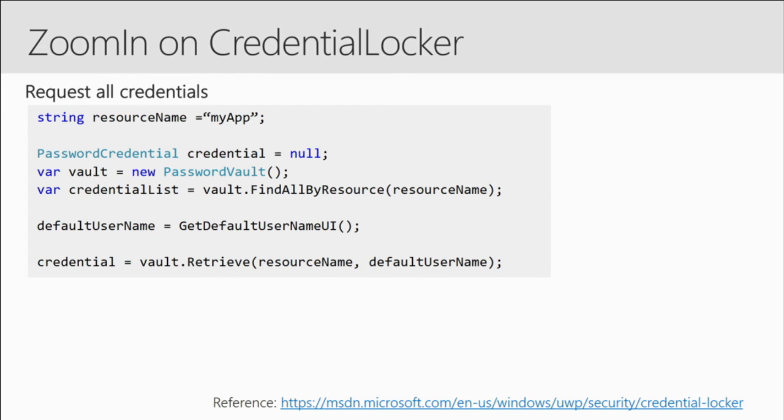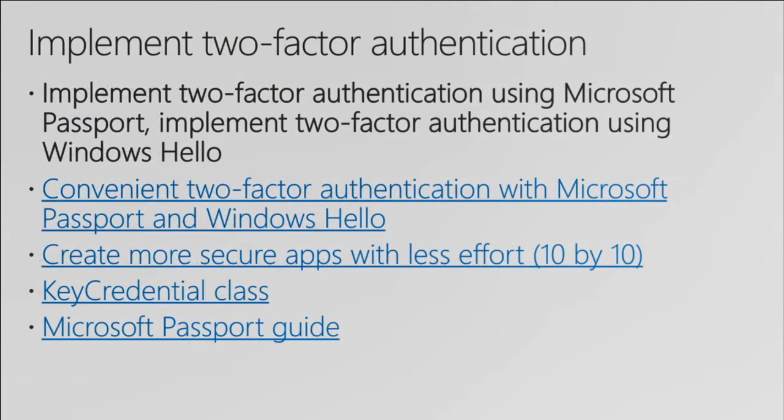So for persistent credentials, you have to have some string. We refer to that as the resource name, but some unique string identifying this resource, username, password. Retrieving the credentials, that same unique string identifying the resource, username, password is the return value. So that's really the credential vault for you, or credential locker.